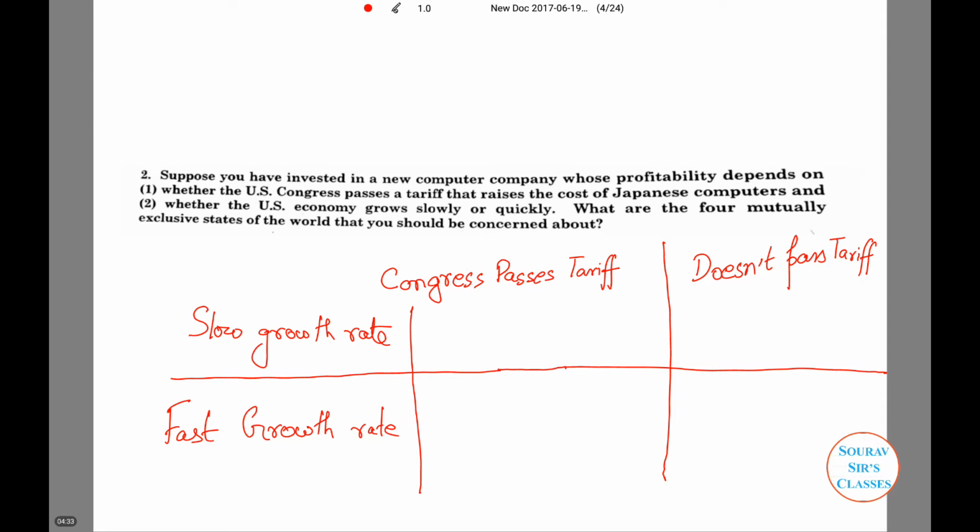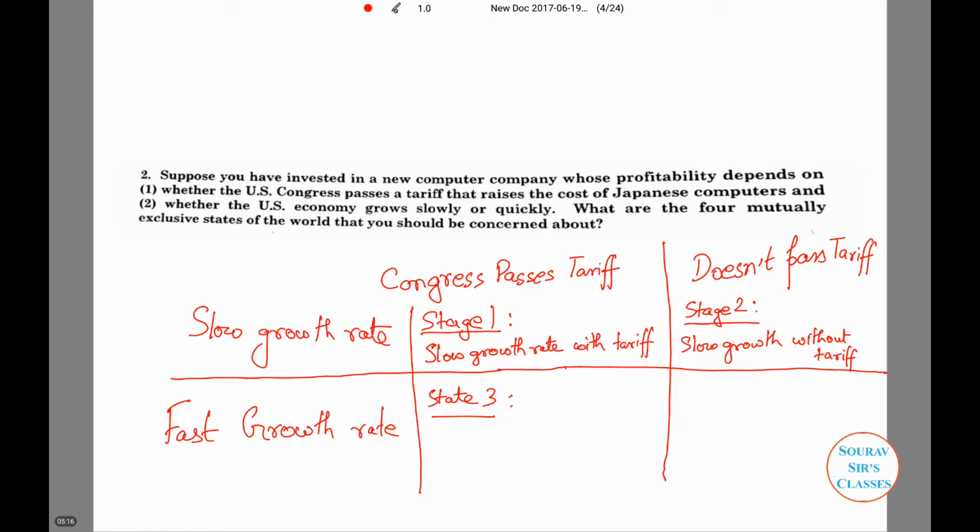Now, we see 4 different states. State 1: we assume Congress passes a tariff and there is a slow growth rate in the US economy. The second state is when there is a slow growth rate and the US Congress does not pass a tariff.